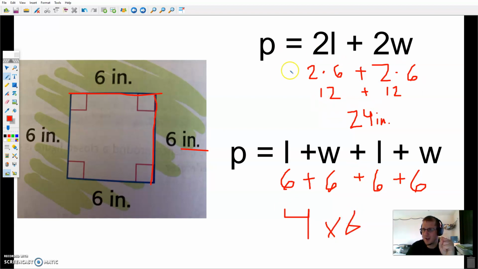We very much have this 2 and 2 would just be 4 sixes, or 4 times 6, which is 6 plus 6 plus 6 plus 6. And all of those come to that same 24 inches. 6 plus 6 is 12, 12 plus 6 is 18, 18 plus 6 is 24, or 4 times 6 is 24.